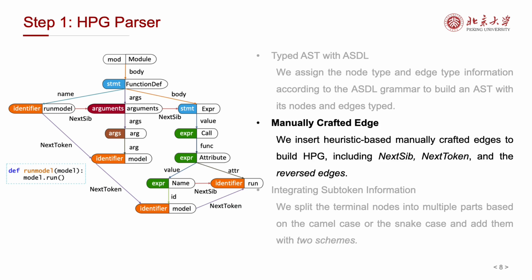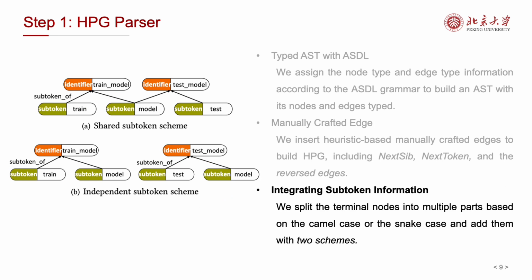Then we insert heuristic-based manually crafted edges to build HPG, including next sibling, next token, and the reversed edges. Finally, we split the terminal nodes into multiple parts based on the camel case or the snake case and add them with two schemes, including shared subtoken scheme and independent subtoken scheme.